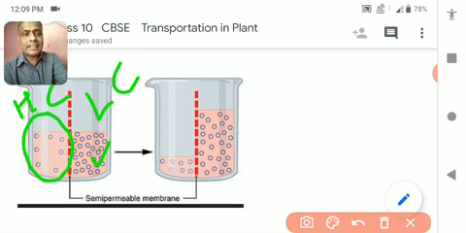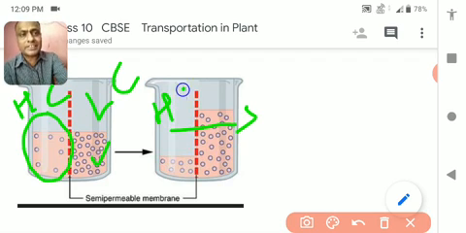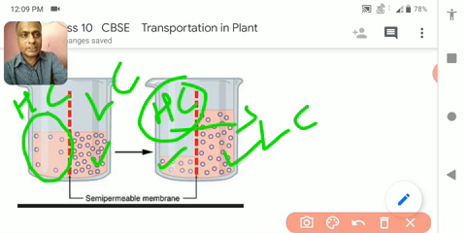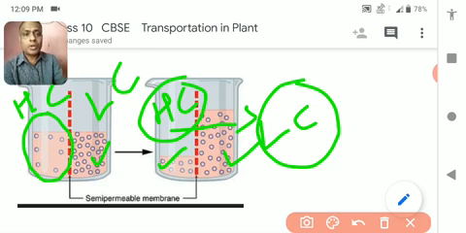So what happens later? The water moves from their higher concentration to their lower concentration until the concentration of both solutions becomes the same. The water moves from higher concentration to lower concentration until both concentrations become the same.